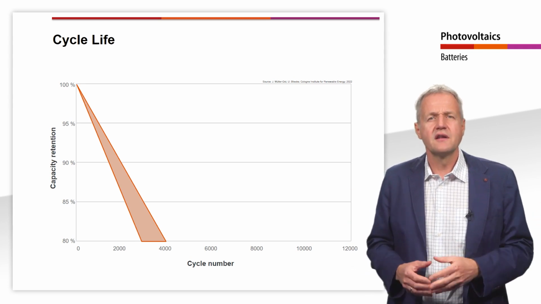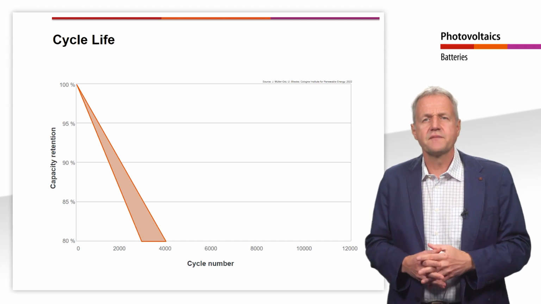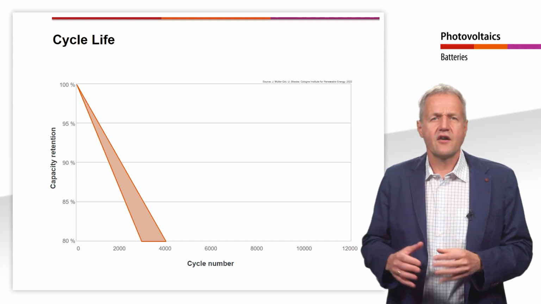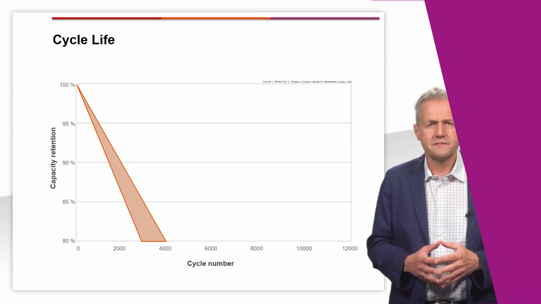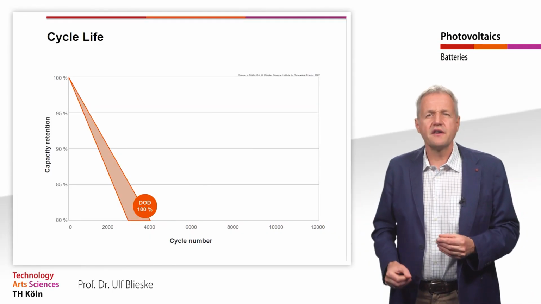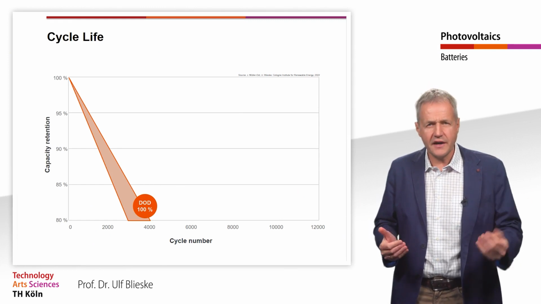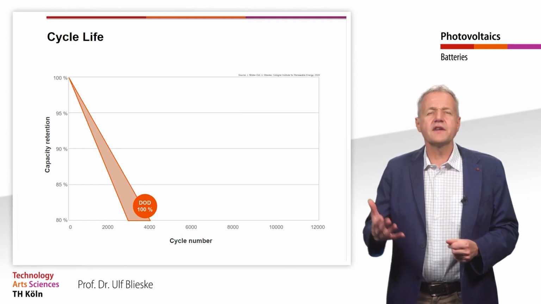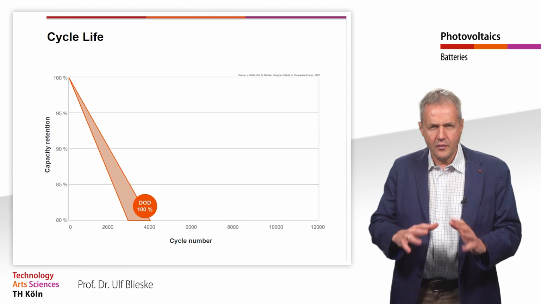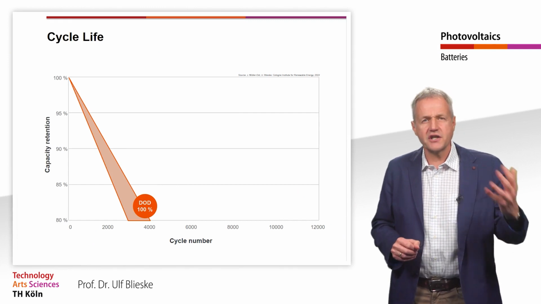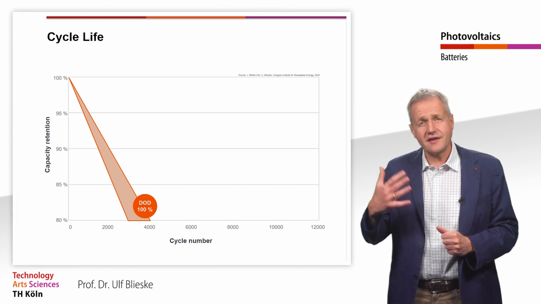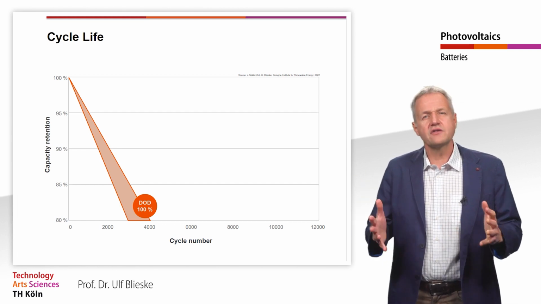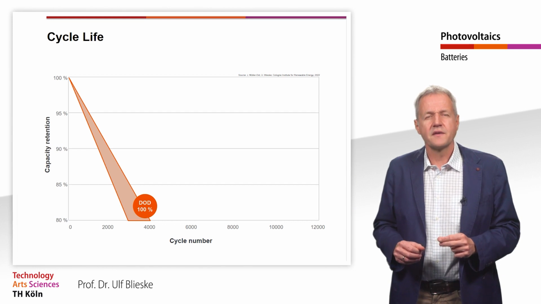For example, the depth of discharge and state of charge have a large influence on the cycle life. If the battery shown here is only operated in full cycles, so it is always discharged to 0% and then recharged to 100%, this results in the shown cycle life of 3,000 to 4,000 cycles.